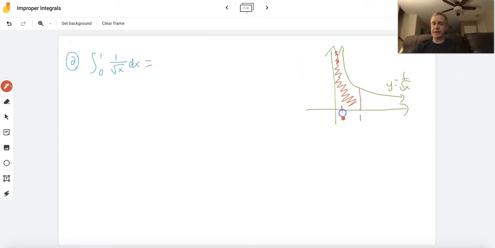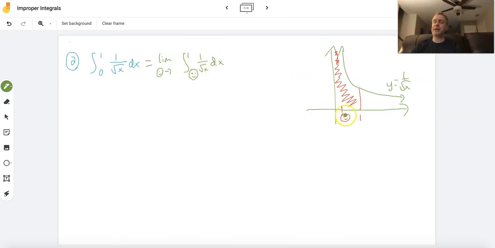So the idea again is that we can place our variable, Mr. Smiley Face, on the given interval, and I'm going to rewrite our integral with the same integrand. 1 is going to remain in there, but because 0 is where we have the issue that's making this integral improper, I'm going to replace that with my variable, Mr. Smiley Face. I'm going to put my limit notation out in front of the definite integral.